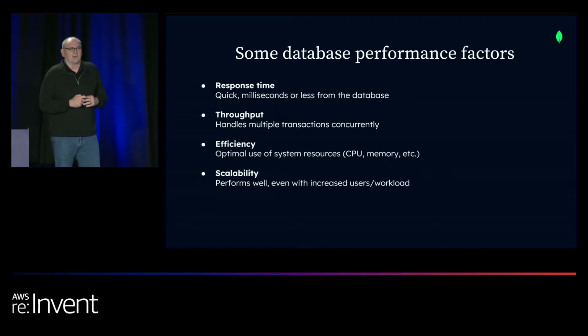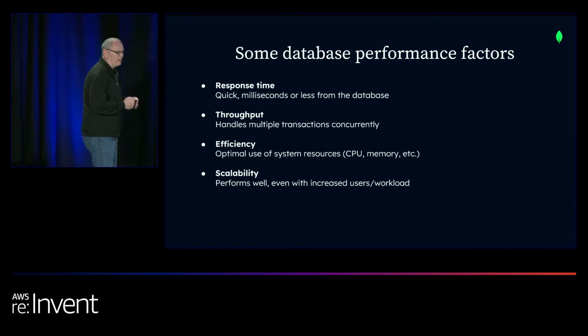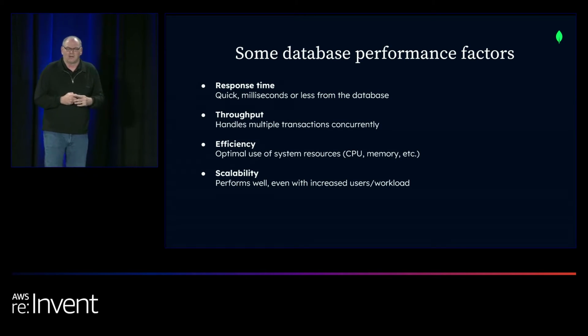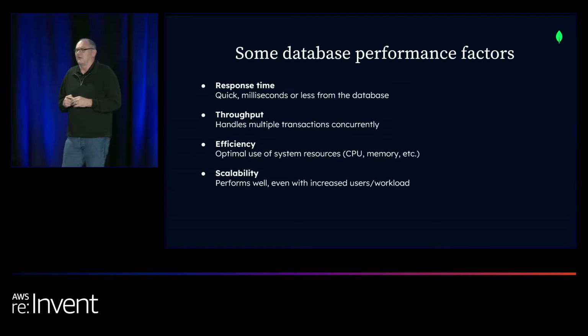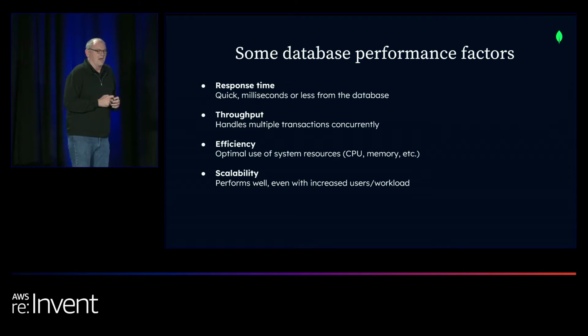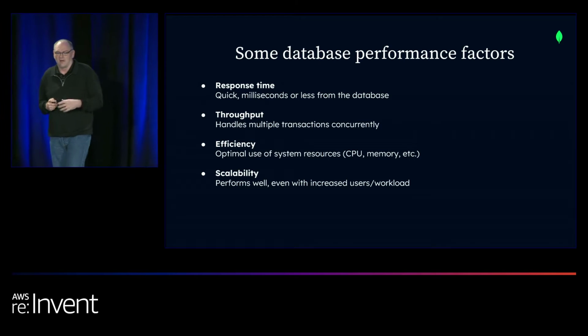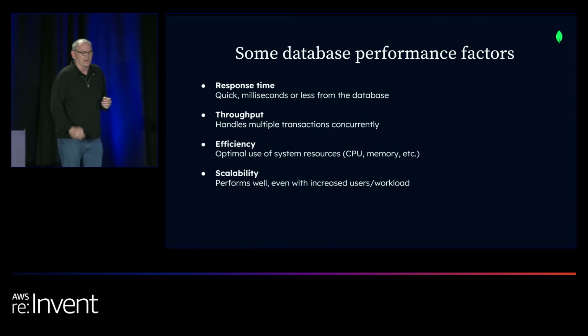Another dimension is efficiency: how well are we using the system resources, the CPU, the memory, the disk? And the last dimension, which I find people are most concerned about, is scalability. Does the system perform well when we increase the number of users, or the size of the workload that we're working with?